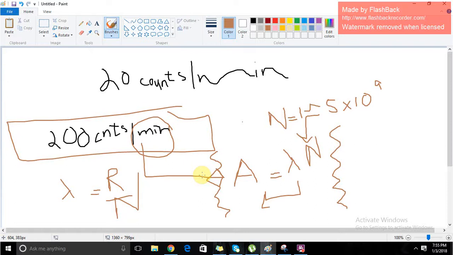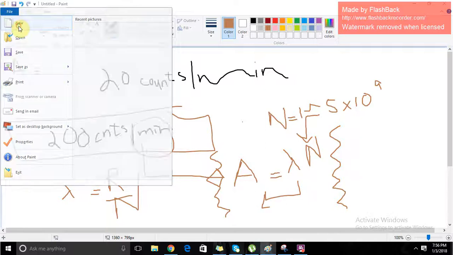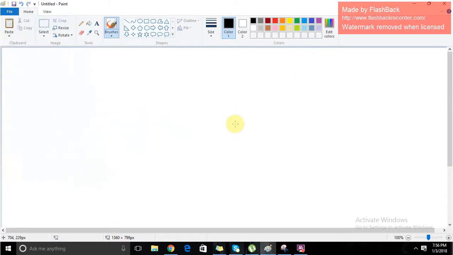So how do you figure this out? We have the initial activity, which is 200 becquerel, and afterwards we won't have that much. We want to know what that is.